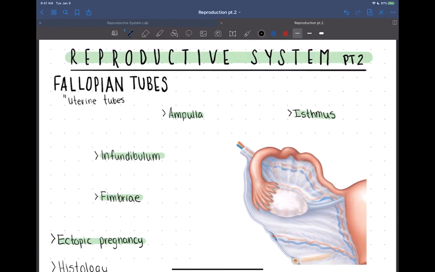Okay, so the fallopian tubes, also called the uterine tubes, sit around the ovaries, but they do not directly connect to the ovaries. That's something really important to keep in mind.